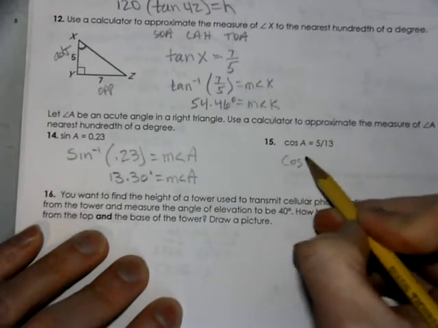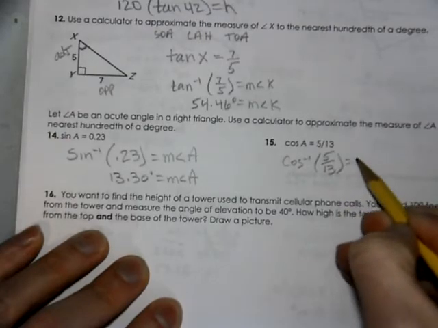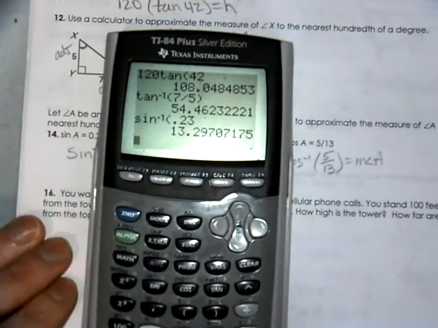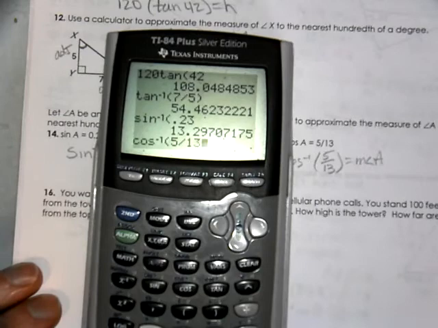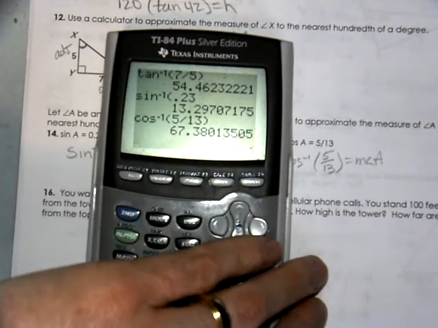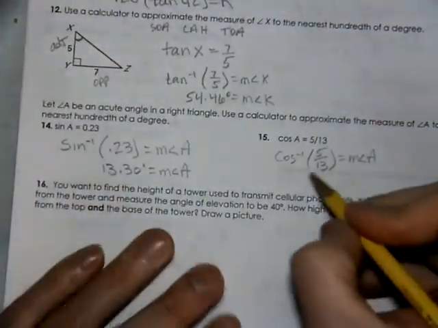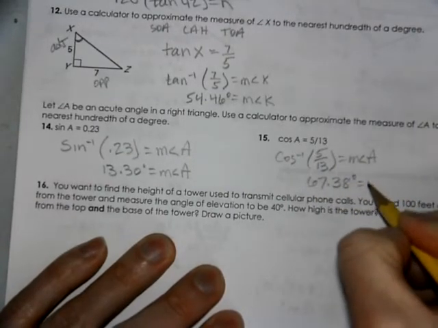So we're going to say cosine inverse of 5 divided by 13 equals the measurement of this angle A. So we have to hit second cosine to get the inverse. You need to use parentheses here. It's a requirement. It won't work without it. 5 divided by 13. So 67.38. Those are degrees.